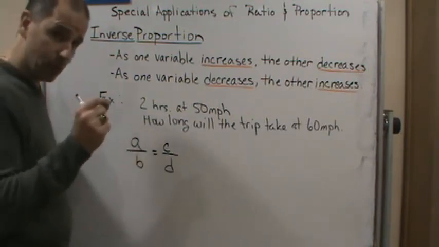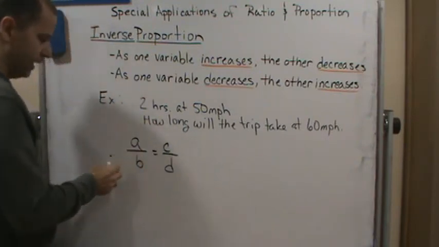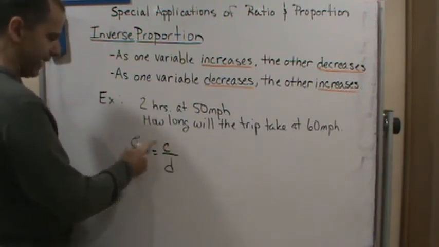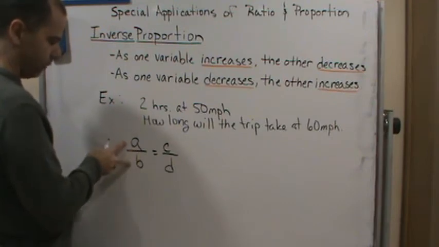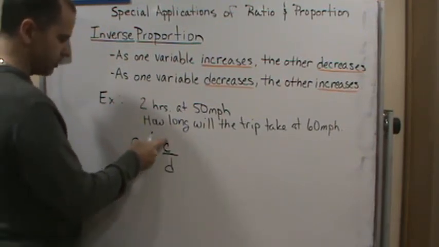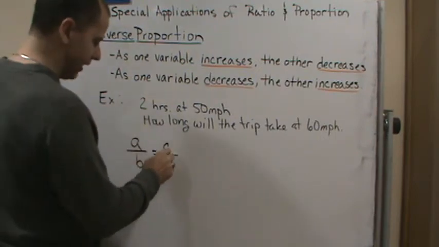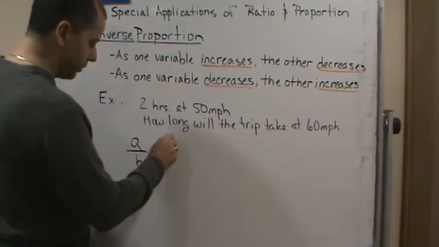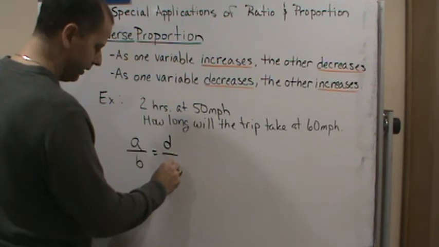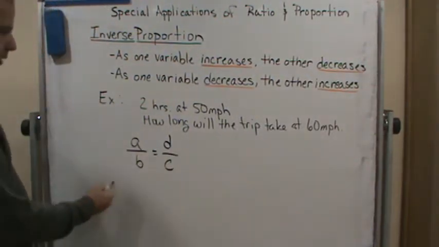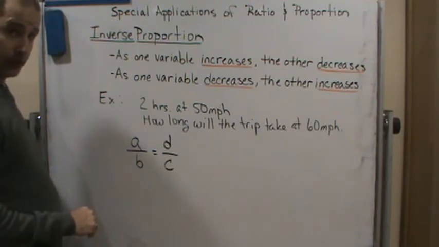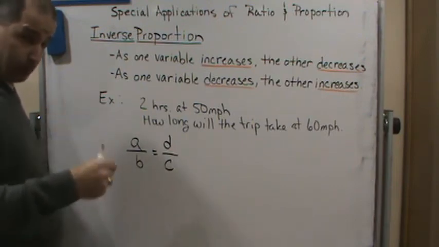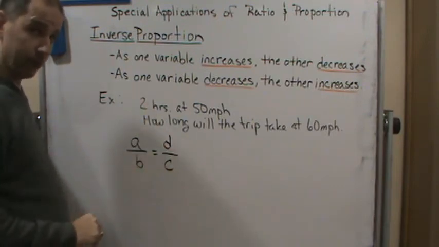If A and C change inversely with each other, I can't have them both on top, because equivalent fractions means that as one goes up, so does the other. So I'm going to have to flip one of them. I would have to write D over C, and now this would give me equivalent fractions. That's what we have to do to set up an inverse proportion: flip one of the fractions.